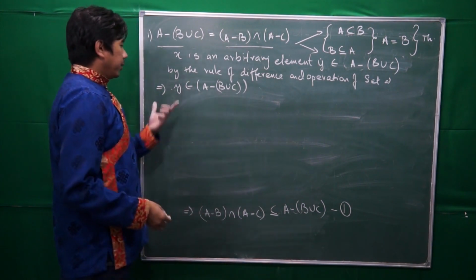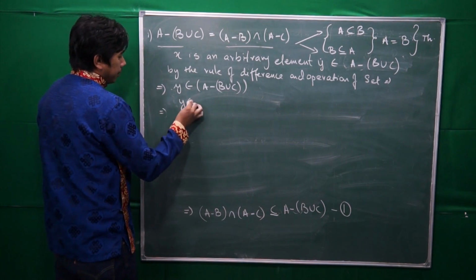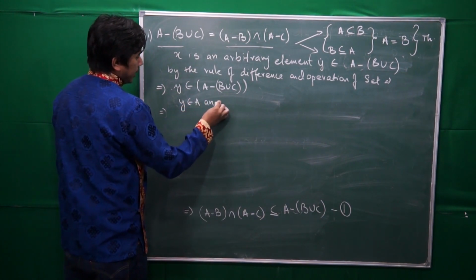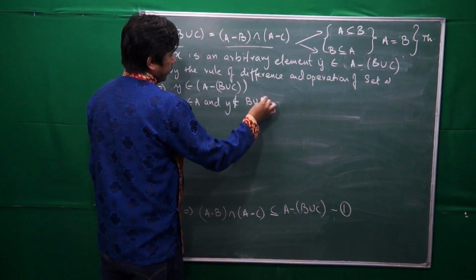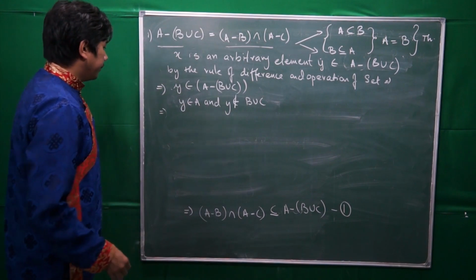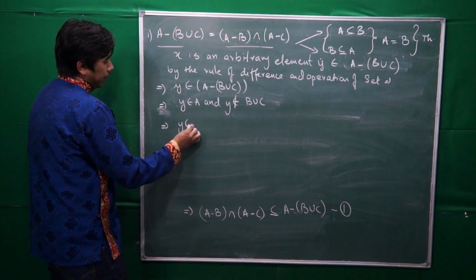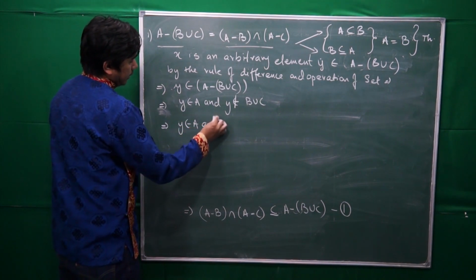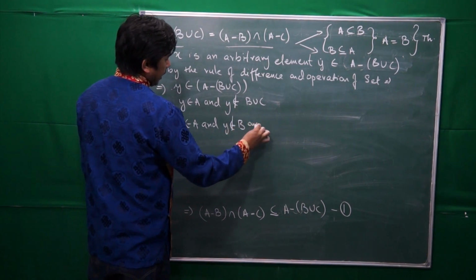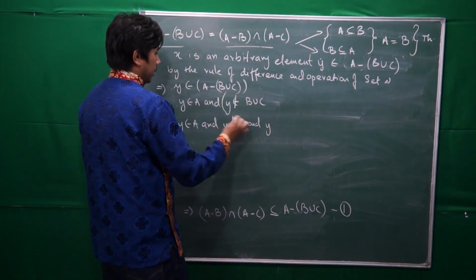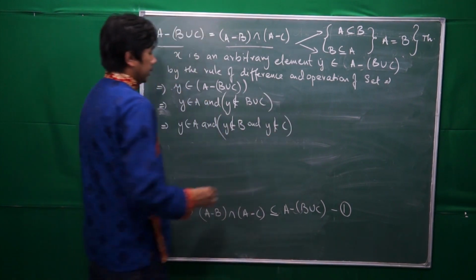As we did earlier, it would be the same over here. Y belongs to A and Y does not belong to B union C. Again, the same thing happens here. Y belongs to A and Y does not belong to B and Y does not belong to C.